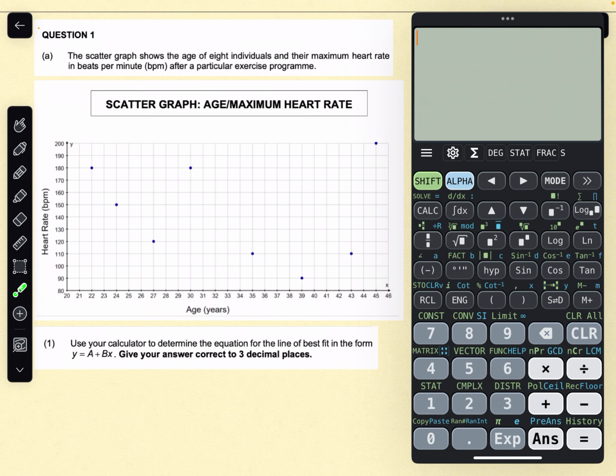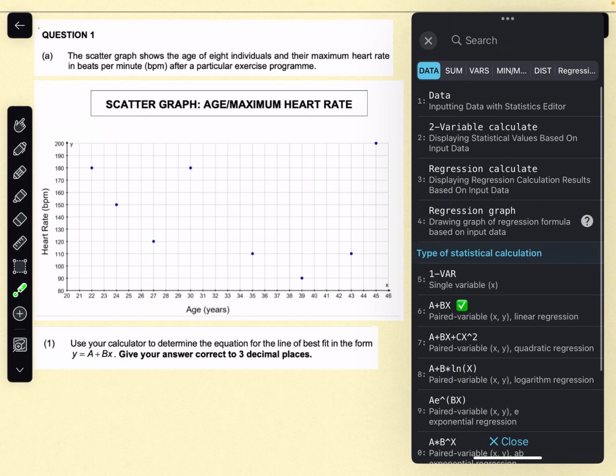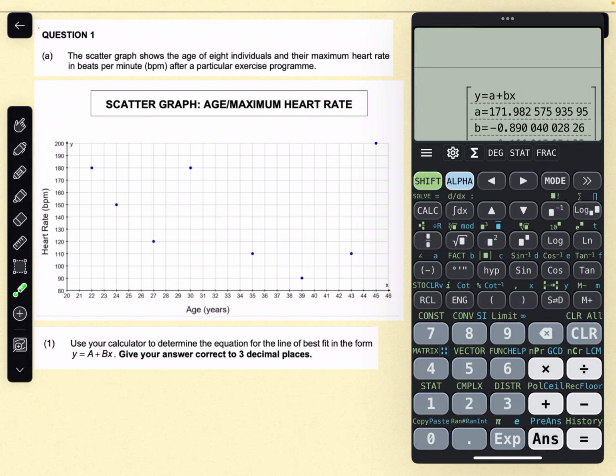Then I'll shift 1 to get to the stat option, and then I have this nice option to calculate all things regression related, and I get my values there. My A is 171.983, to 3 decimal places.